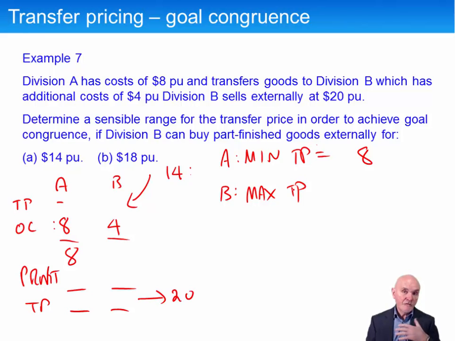Because that's a 14 cost to the group. Whereas if something is made by A and passed up through to B, then the cost to the group is no more than 8. Okay? So we're looking here at 14. The maximum transfer price is going to be 14 in that situation.